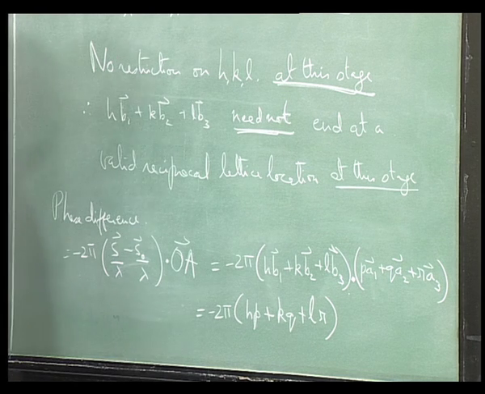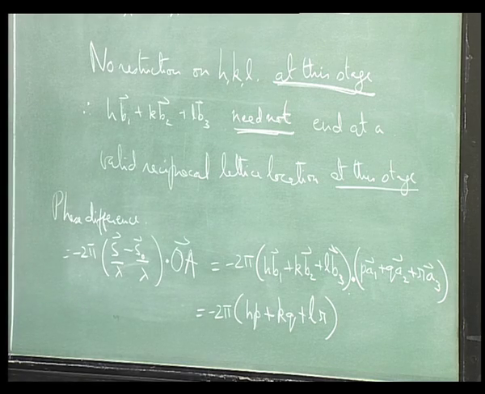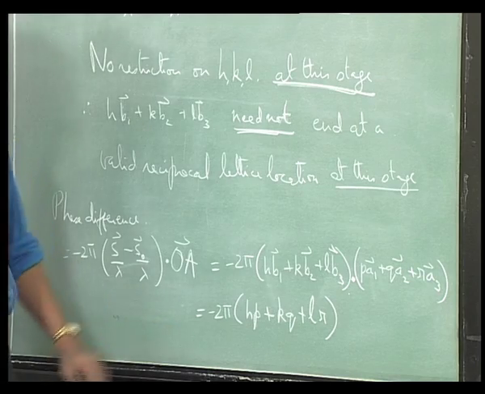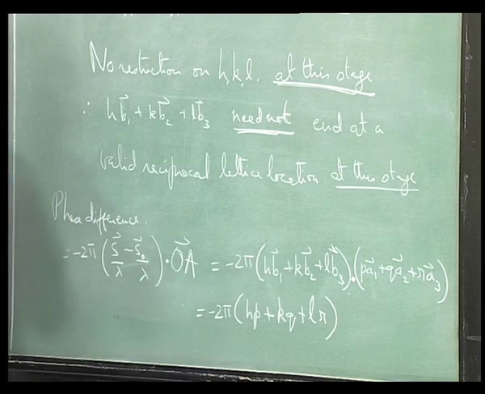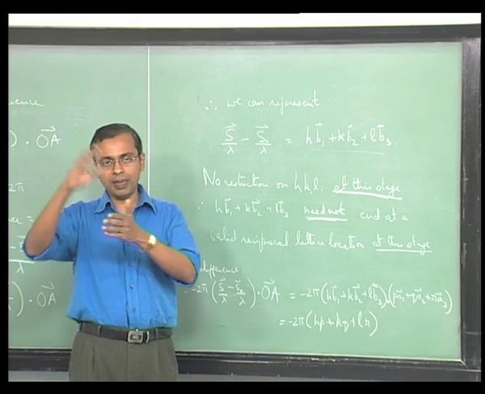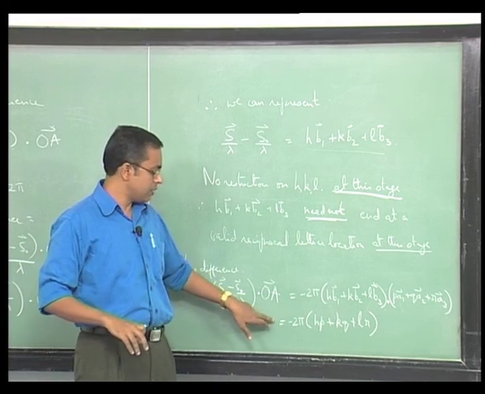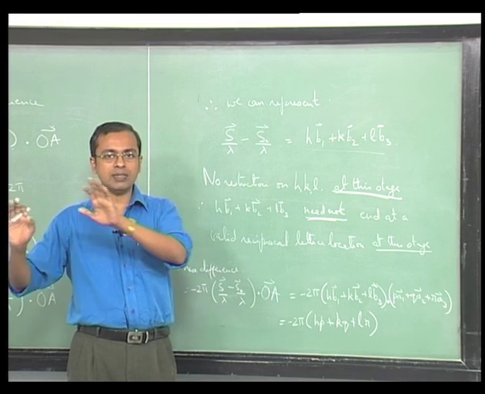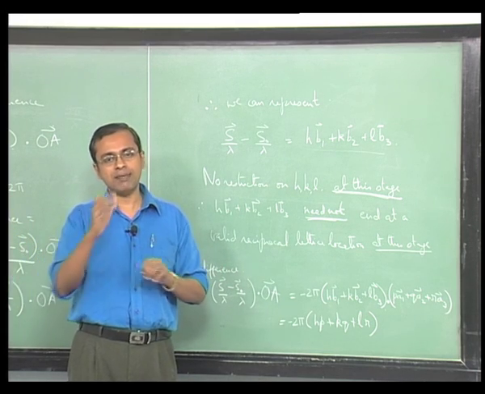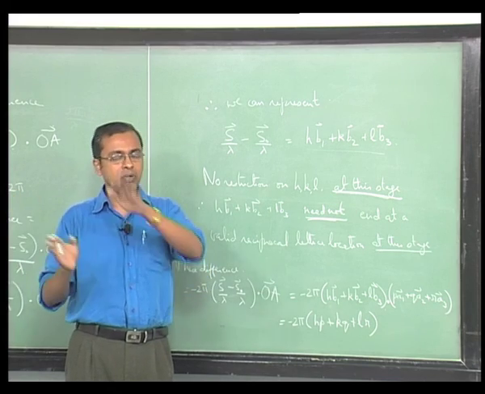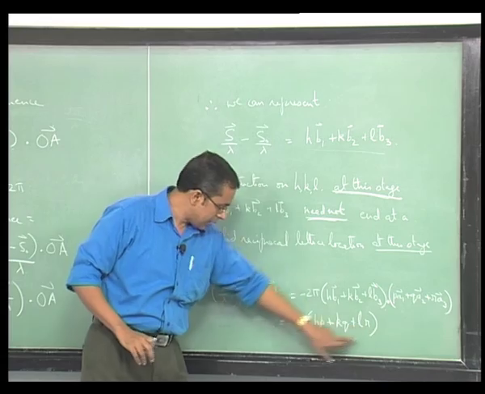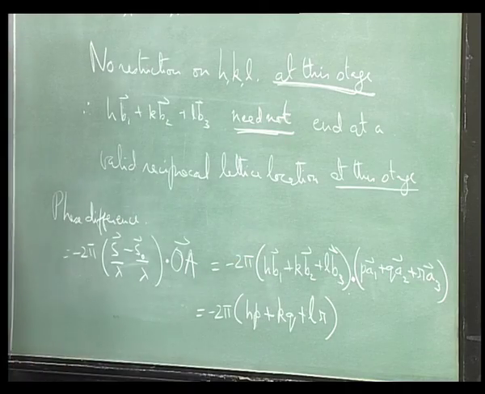For constructive interference, this phase difference should be an integral multiple of 2 pi. When we say integral multiple of wavelength, a wavelength is 2 pi in terms of phase. So if this becomes an integral multiple of 2 pi, we have constructive interference, because that means the two waves are exactly in phase, okay. So one may have travelled several additional wavelengths, but at the end of it all they are both exactly in phase. So for constructive interference, this complete quantity here should be an integral multiple of 2 pi.